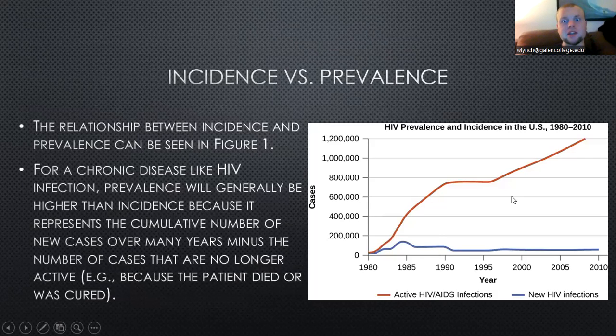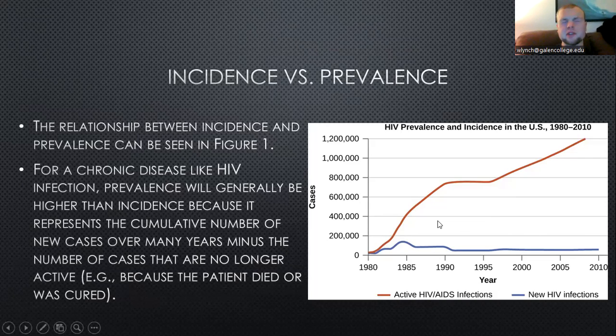Here's a relationship of incidence versus prevalence. Usually if a disease is stable or constant or not really posing a massive issue, the incidence rate should stay relatively low, because we're getting a set amount that's happening every year, all right?